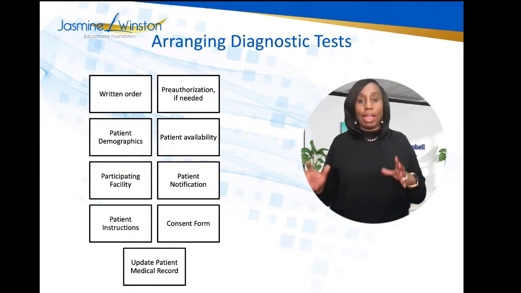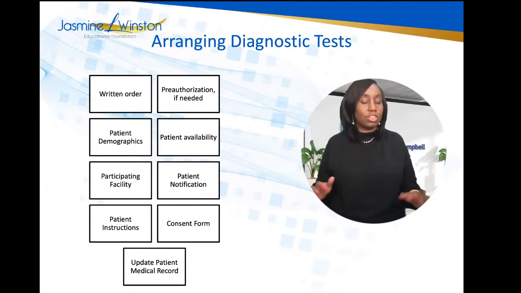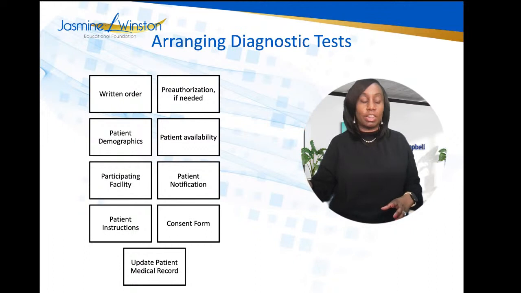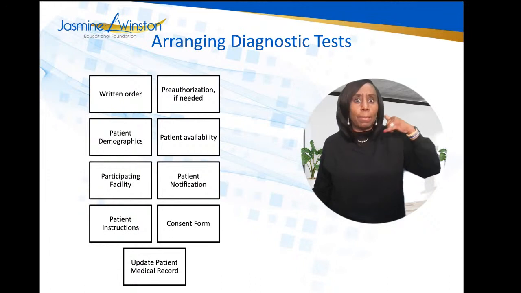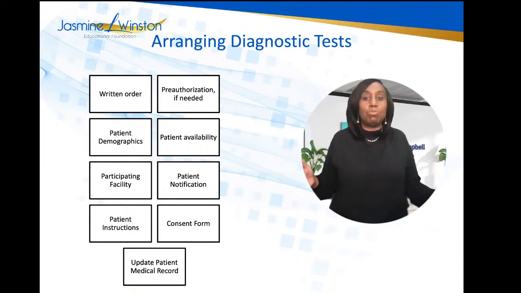When we are arranging diagnostic tests, we have to have all the information about our patient. We need to know which facilities their insurance companies say that they can go to. We also need to know our patient's availability. You can't call up and schedule an appointment for a patient at a hospital, but the patient is not available on that day.